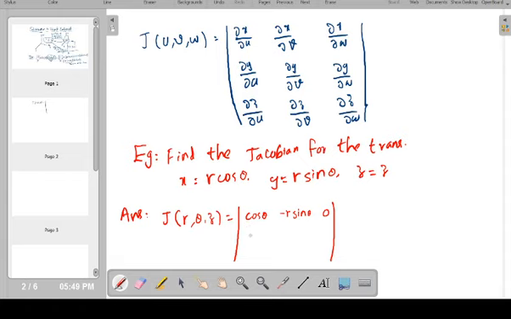Now dou y by dou r is sin theta. Dou y by dou theta is r cos theta. And dou y by dou z is equal to 0.